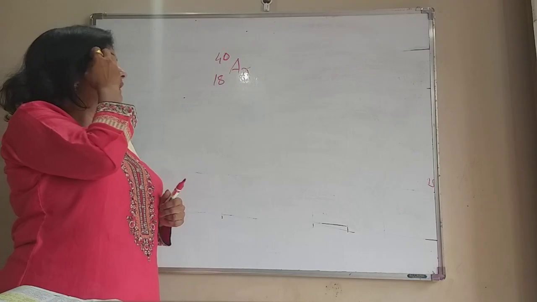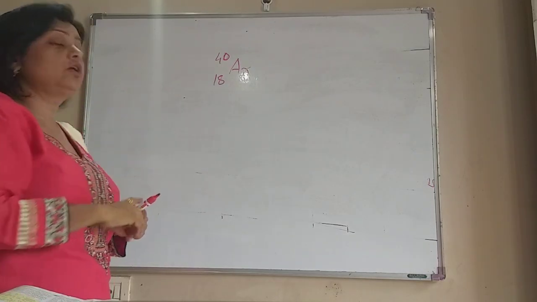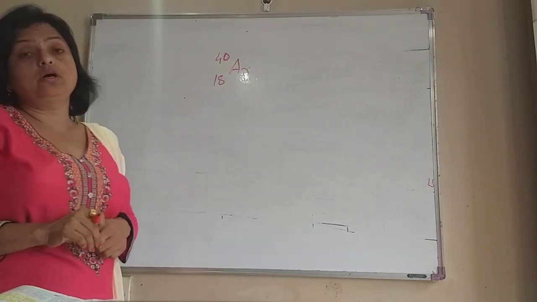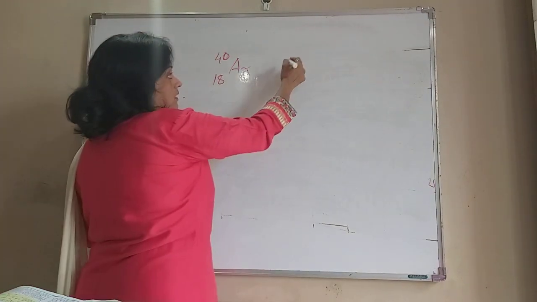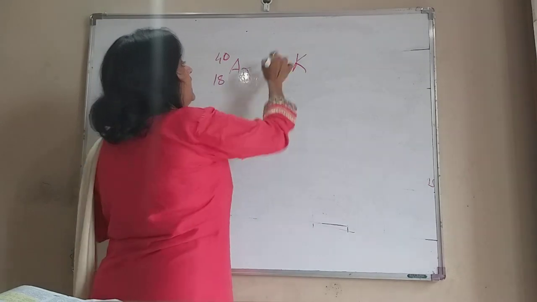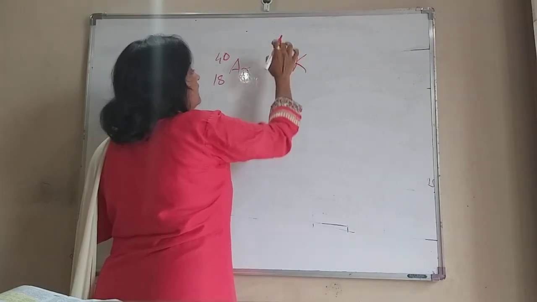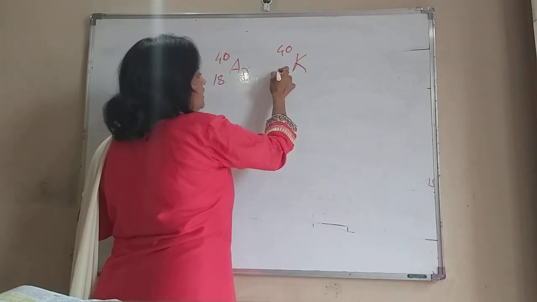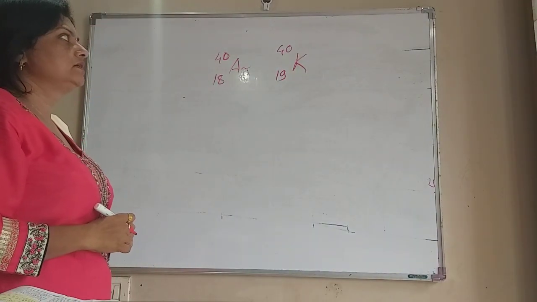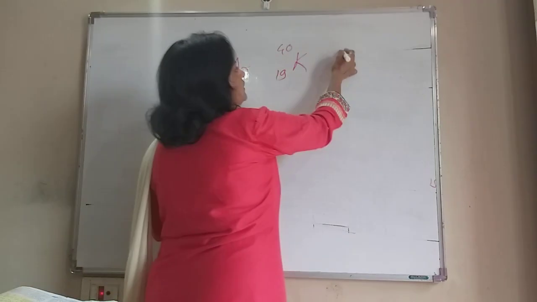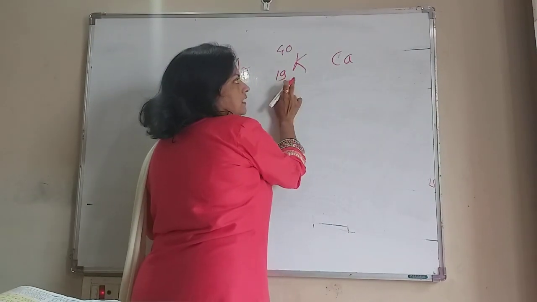Now take this example, argon. And there is also the example of potassium having mass number 40 and atomic number 19. Calcium is also there, and this is the potassium.